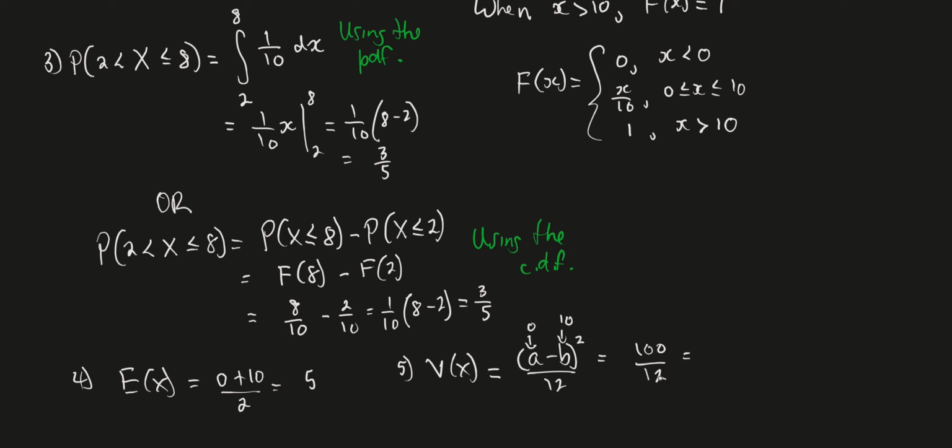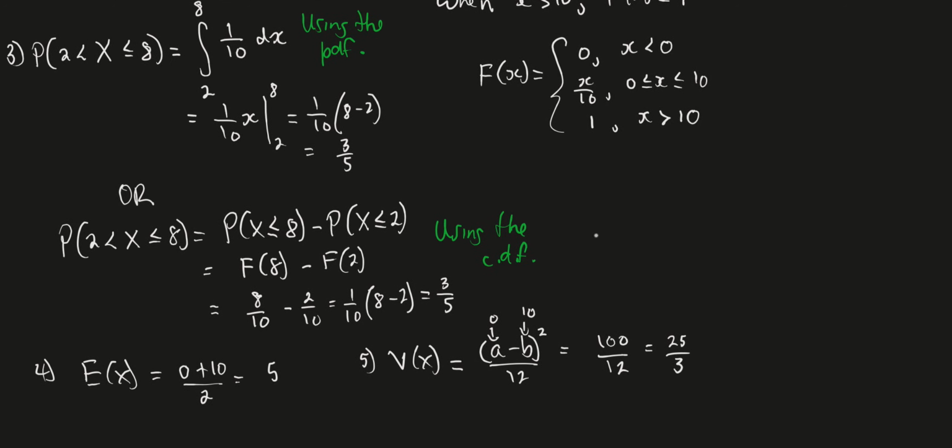We could divide both by 4, so that's 25 over 3. And then finally, if we want to find our standard deviation, we take the square root of our variance. So our standard deviation of this random variable is the square root of 25 over 3, which is 5 over root 3, or 5 root 3 over 3.